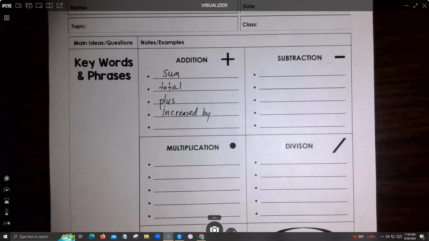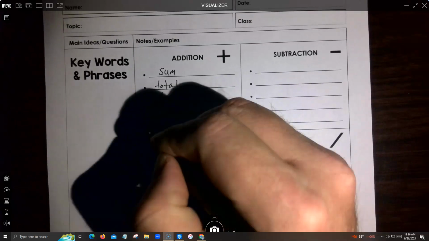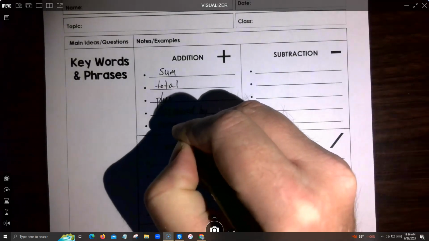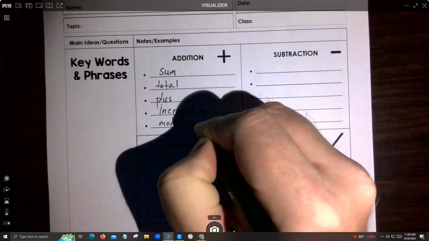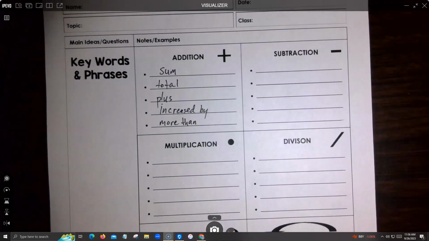Increased by means you're adding. So if I had $5 and I increased it by $2, I would have $7. I would add those two together. And then the last is more than. 5 more than 2 would be 5 plus 2. The confusing part is that we don't speak like that.